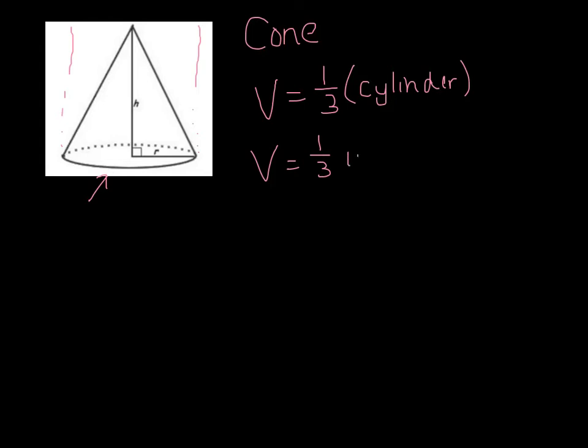So we would say 1/3 pi r squared h. Again, where this pi r squared h is just that volume for the cylinder, and then we're taking a third of it because it's just tapered. So that's going to be another formula you're going to need to know for class tomorrow. And again, the height and the radius of a cylinder are not hard to find if you have some measurement devices that will allow you to do so.